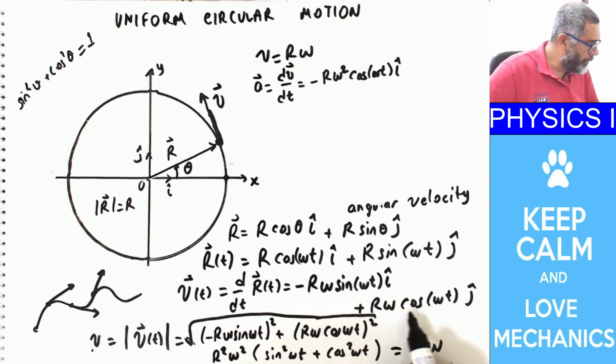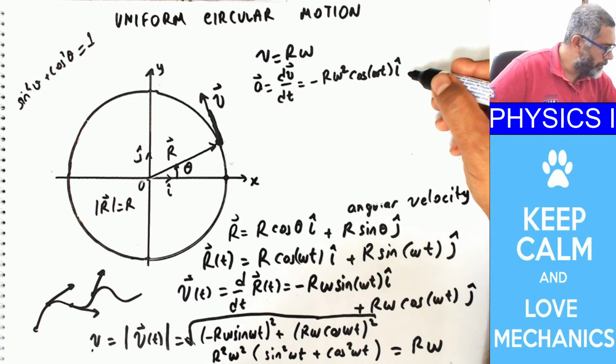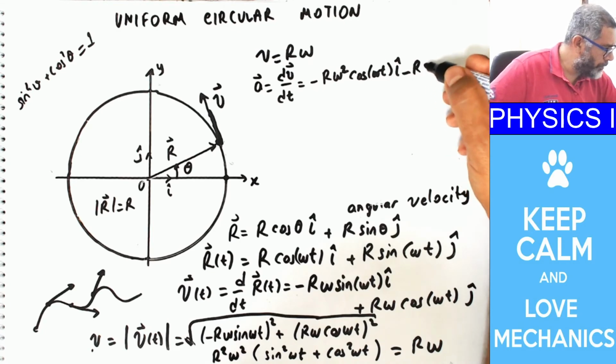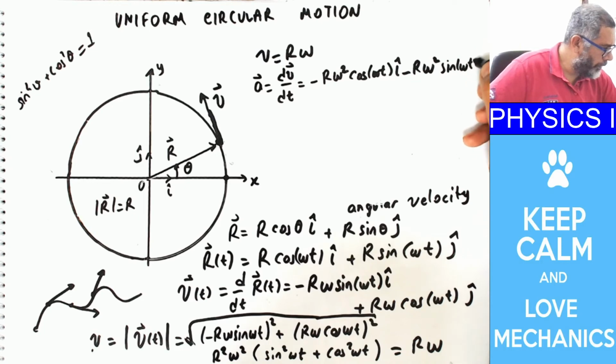Next, if you take again the time derivative of the second component, the y component, what you will get is minus r omega squared sine omega t j.